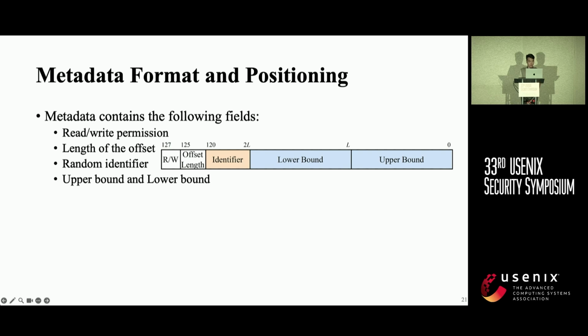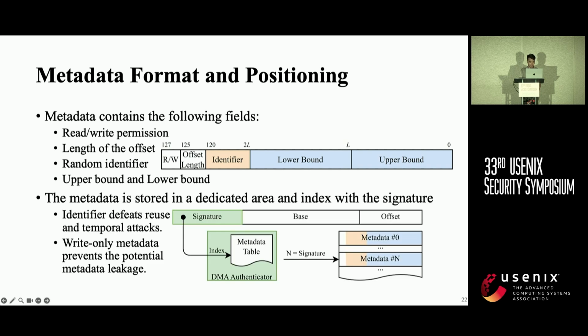Metadata is generated for each mapping and participates in the signing and authentication process. It includes read-write permission, the length of the offset, a random identifier, and the bound of the buffer. The metadata is stored in dedicated storage and indexed using the signature on the signed pointer.